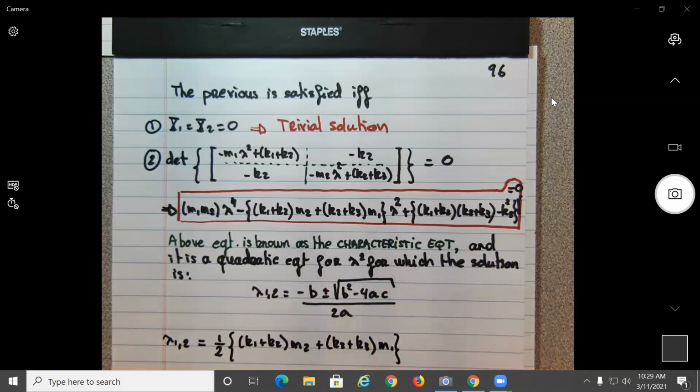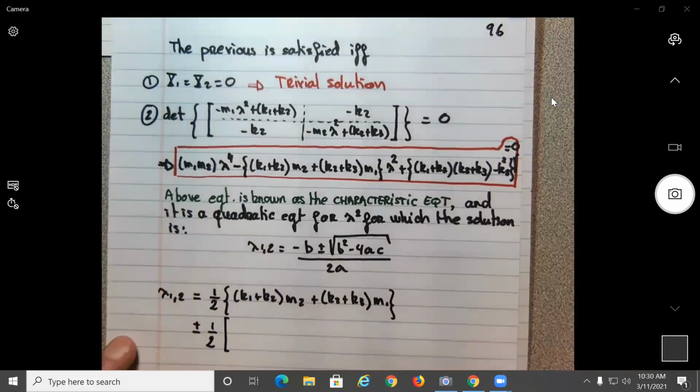Then we're gonna have the plus or minus. The square root term, 1/2 of, let's see. Yeah, sorry.